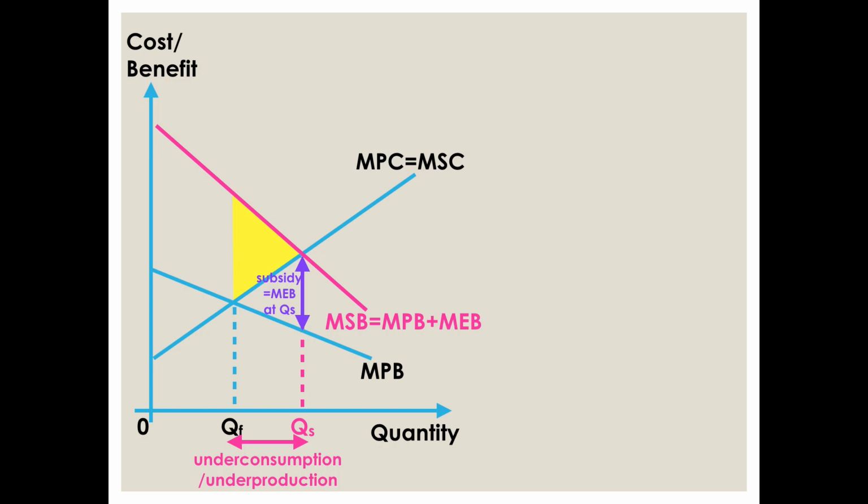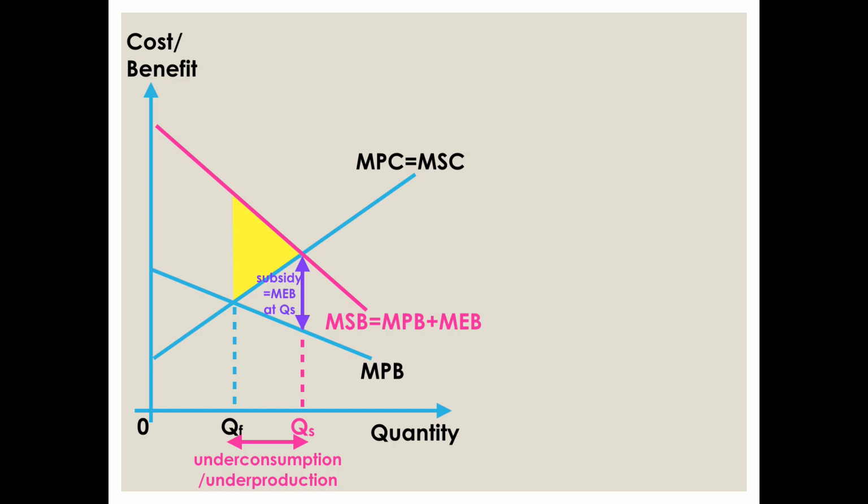So again, now I need you to look at the screen very carefully. The subsidy will actually lower the marginal private cost. That's right. The subsidy, like a tax, affects the marginal private cost, not the marginal private benefit. This is the most common mistake that students make when they want to illustrate the effects of a subsidy.